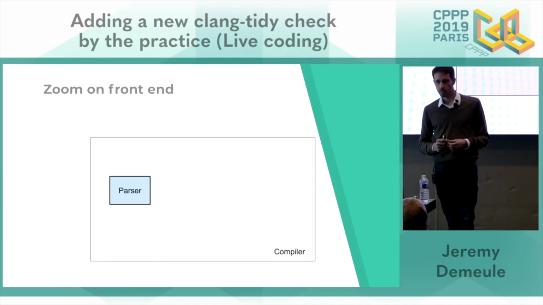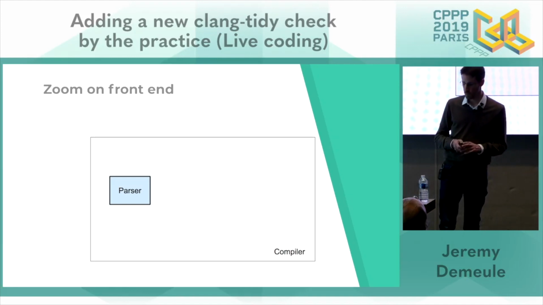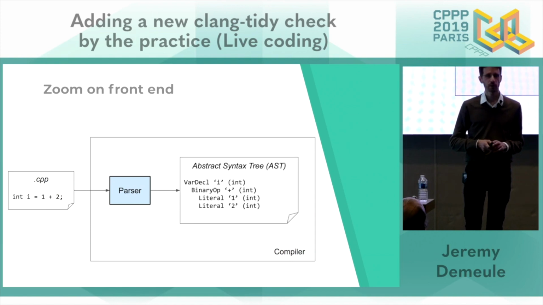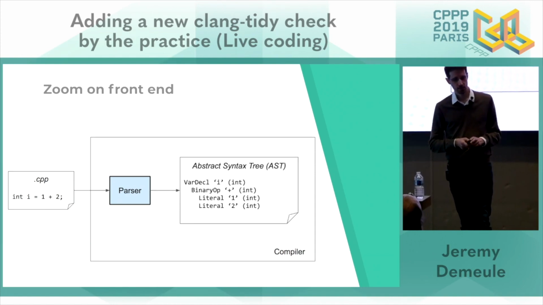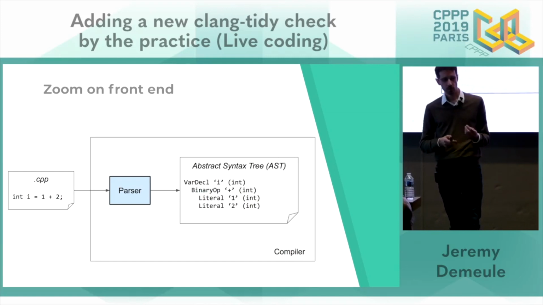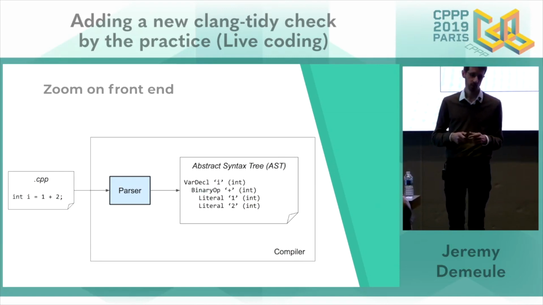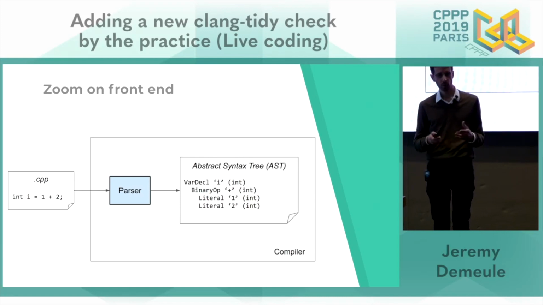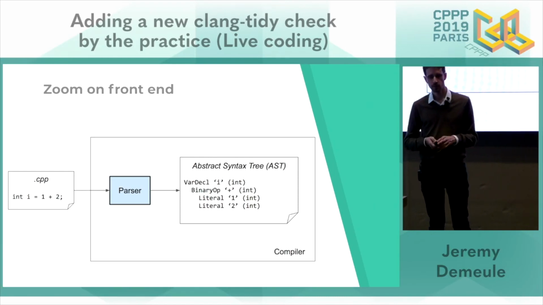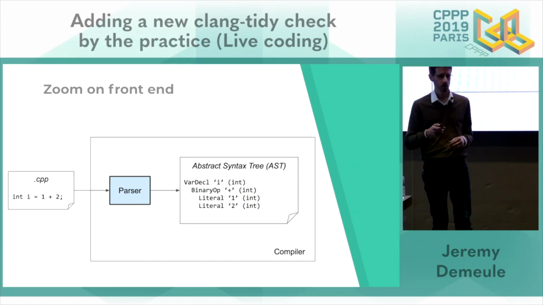Inside the front end, the parser step is very interesting for us. It takes sources and produces an abstract syntax tree, or AST. Clang is one of the few compilers allowing us to view, manipulate, or query this AST. And this will be a source of information when we are trying to build a new Clang check.